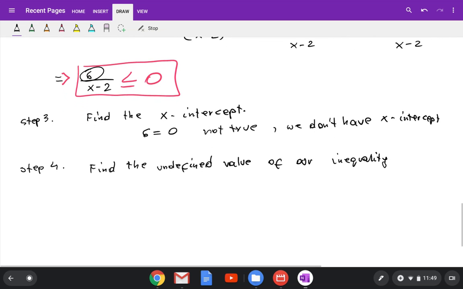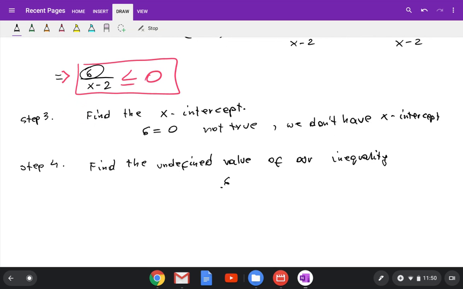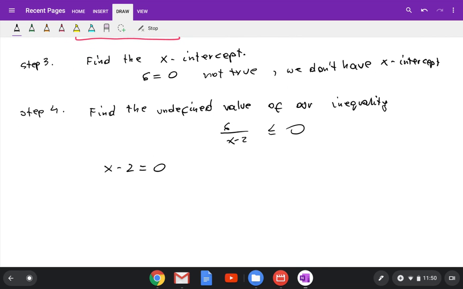So the undefined value for our inequality, again, inequality is 6 over x minus 2 less than equals 0. To do that, you take the denominator and you make it equal 0. So we're doing something we're not supposed to do. Solve for x, and we're getting x equal to 2. So this inequality is undefined when x is equal to 2.